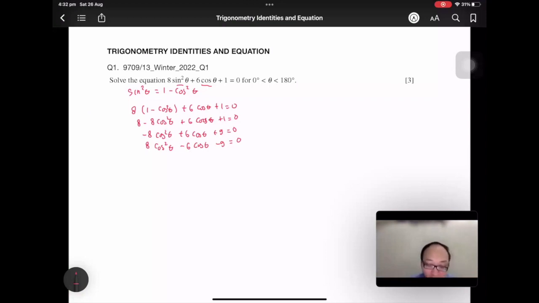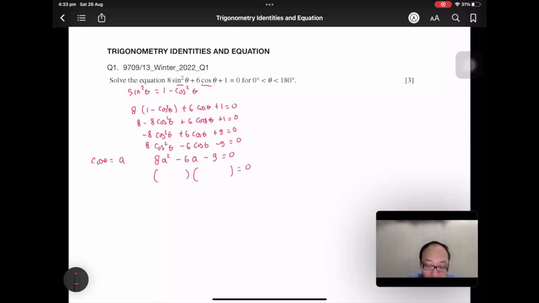And then we have a quadratic equation. Now we can simply express cos theta as a, for example. So I have 8a square minus 6a minus 9 equals 0, and I can factorize.